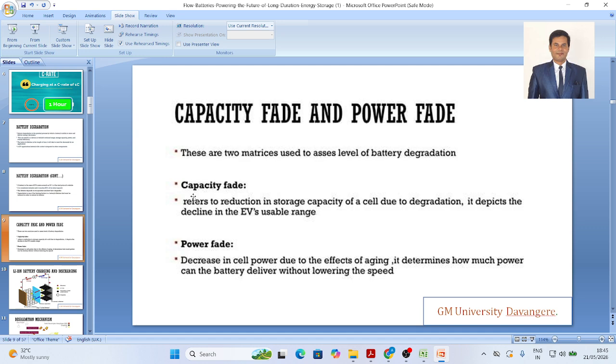So what will happen actually if the capacity fade occurs in the cells? It will not give the proper usage, the range that we expect, right? For example, if I run this vehicle with an aged cell, taking the aged cell data, what will happen? The EV will not give the proper range.